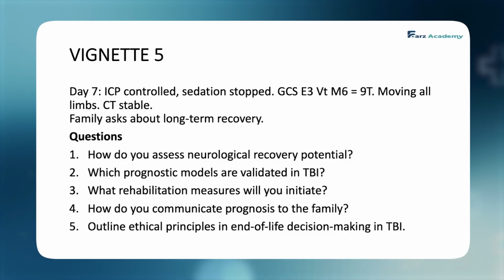Regarding the rehabilitation, you will say what we do: good physiotherapy, nutrition, and then we plan to send the patient home with the support of physiotherapy and family education. These are the things we have to utter here.